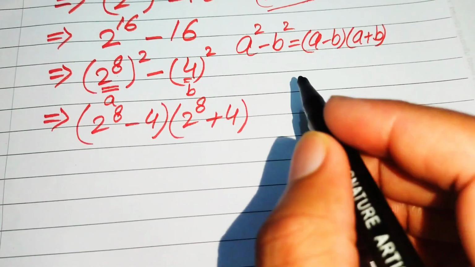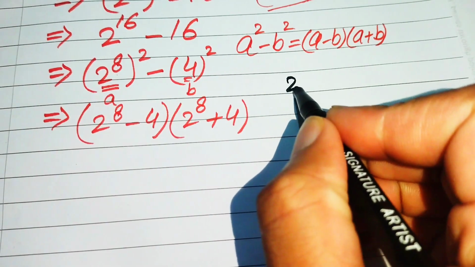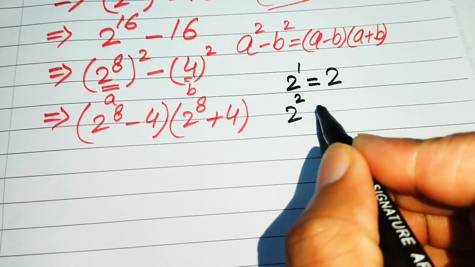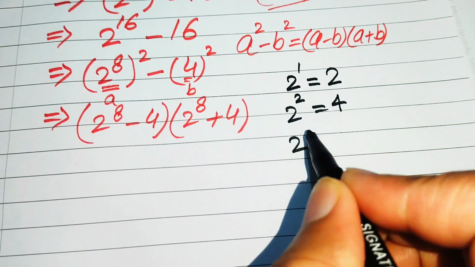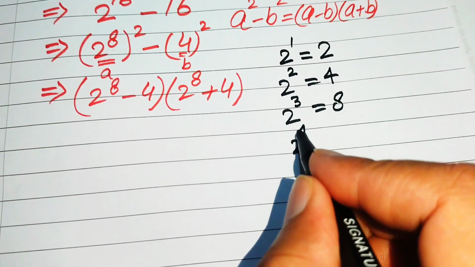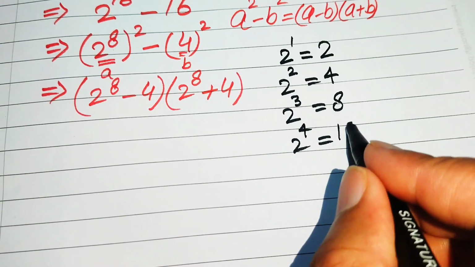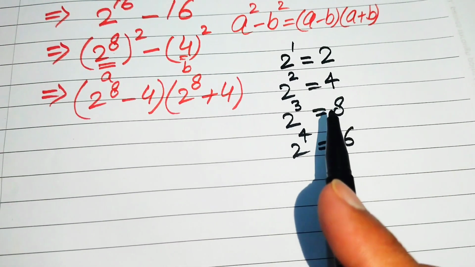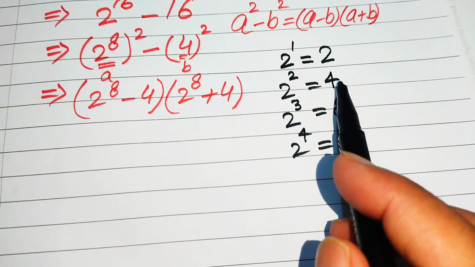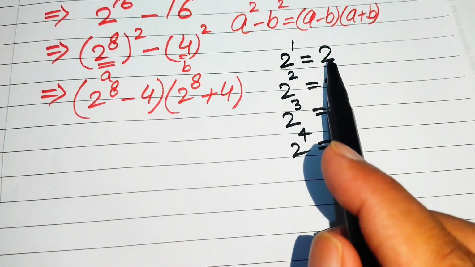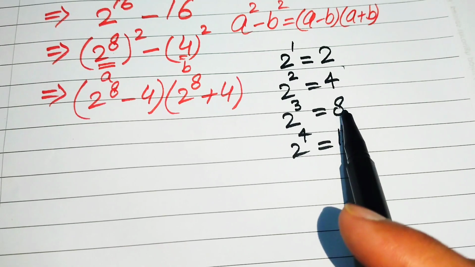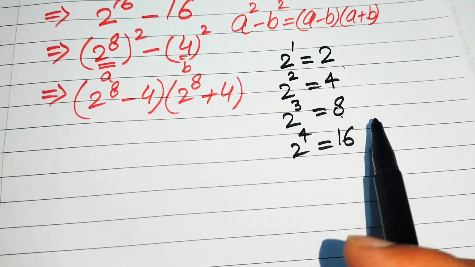If we take 2 to the power of 1, it is equal to 2, 2 to the power of 2 is 4, 2 to the power of 3 is 8, and 2 to the power of 4 is 16. On the right hand side, all the next terms are obtained by multiplying by 2: 2 times 2 is 4, 4 times 2 is 8, and 8 times 2 is 16.